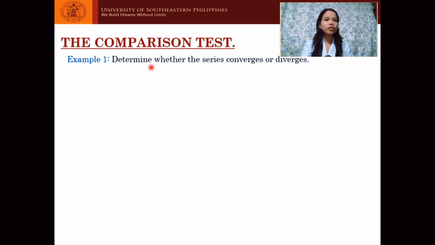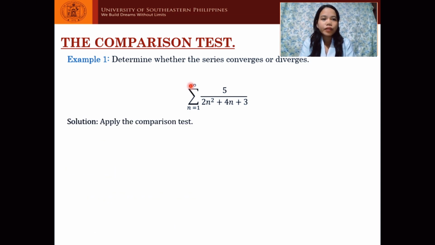Let us have an example. We are going to determine whether the series converges or diverges by applying the comparison test that we talked about earlier. We have the summation of 5 over 2n squared plus 4n plus 3, from 1 to infinity. For the solution, firstly we indicate that we are going to apply the comparison test.